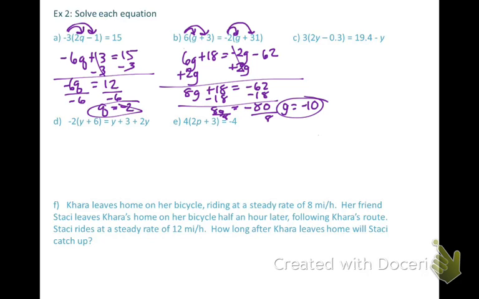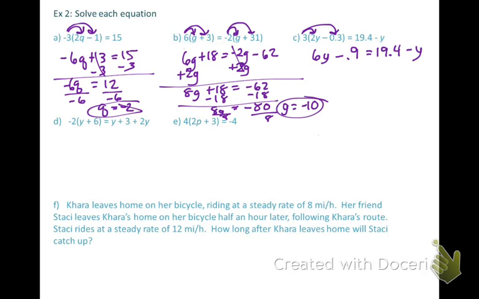C. I'm going to distribute the 3 first. So it's going to be 6y minus 0.9. Yep. Equals 19.4 minus y.